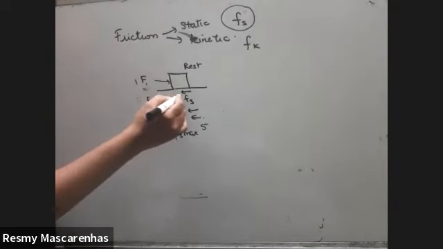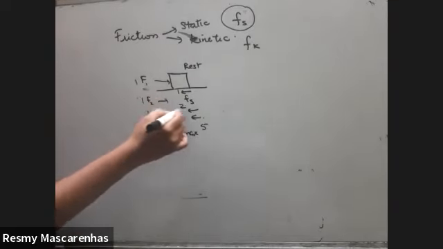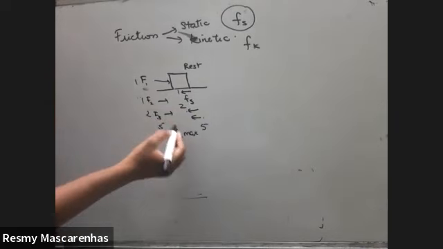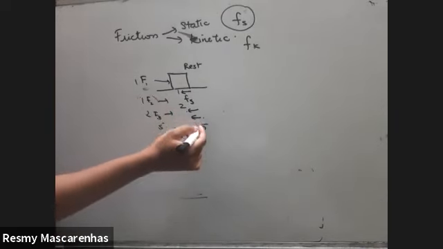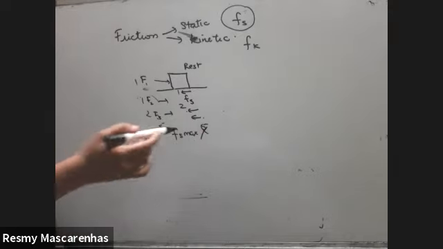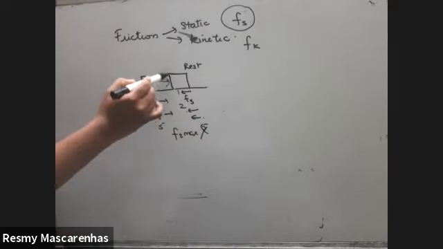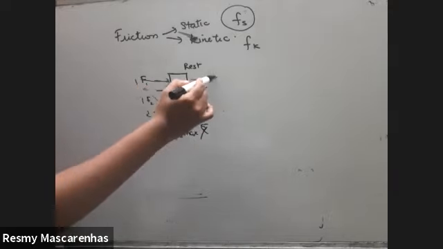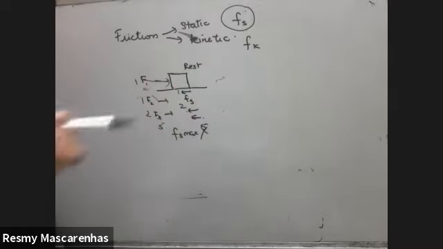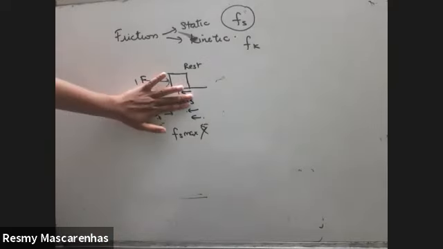If the force is 1, friction is 1, then 2, 2, then 3, 3, and the moment it crosses 5, this force is no more in the picture. Then your external force will overcome it and the body will slide forward. The moment the body starts sliding, static friction reduces and goes.